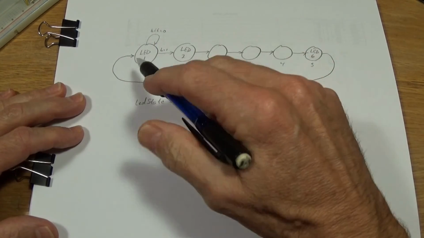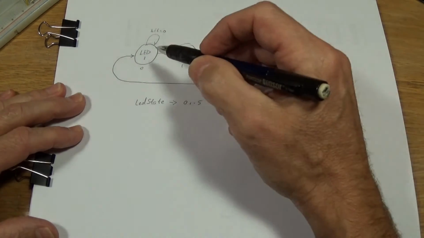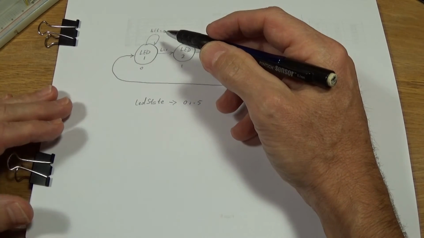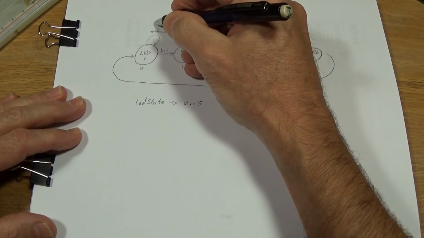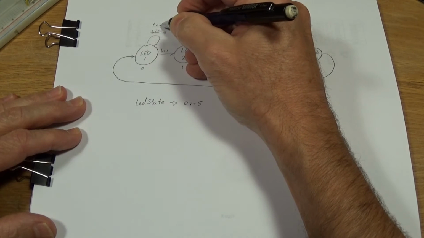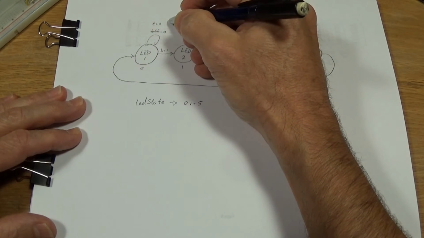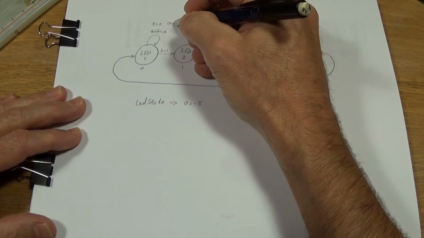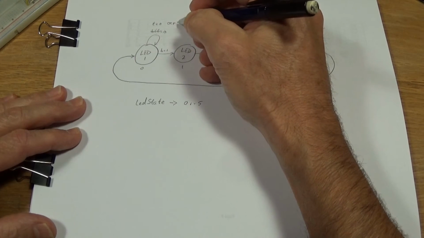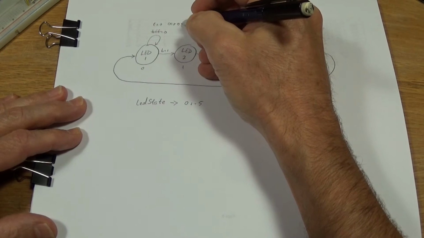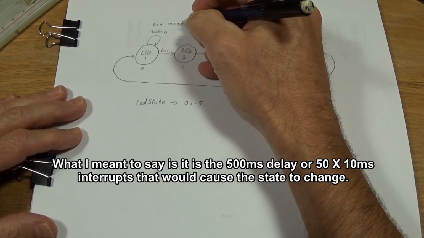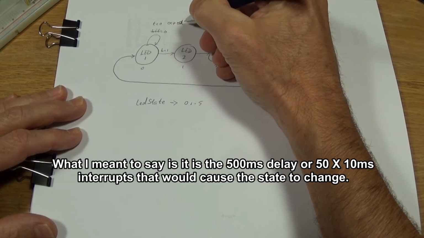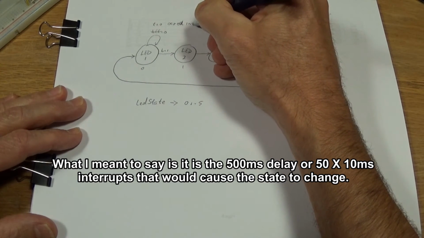Now in our case here with these blinking LEDs, what changes the state is the timer. In this case it would be timer counter 0, what do they call it, output compare register 0 A, oops, that was a D, not very good at printing here, interrupt.